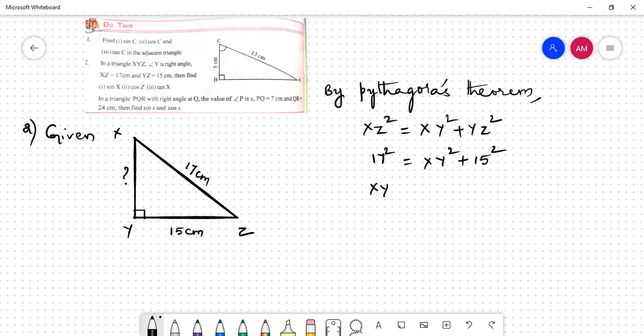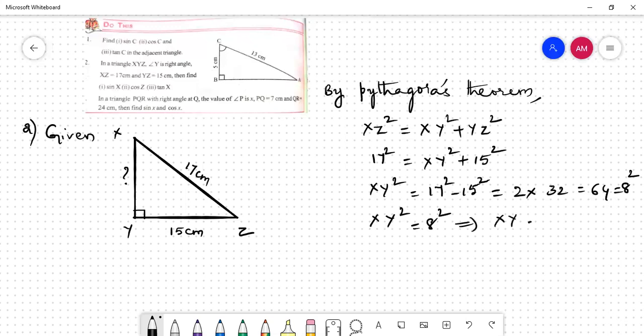From this, XY square is 17 square minus 15 square, which is 17 minus 15 into 17 plus 15. 17 minus 15 is 2, and 17 plus 15 is 32. So 32 twos are 64, which is 8 square. So XY is equal to 8 centimeters.